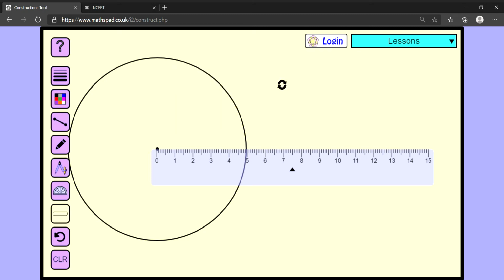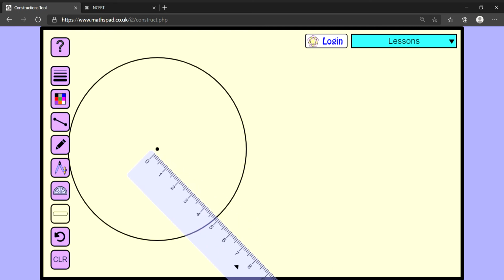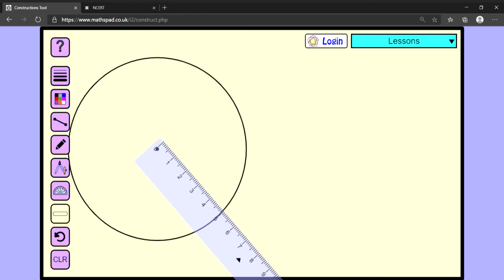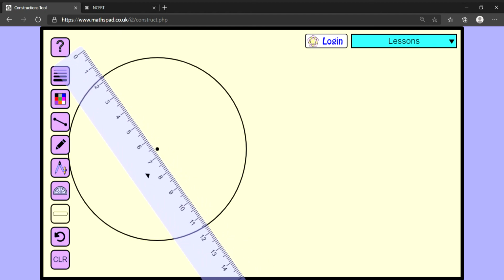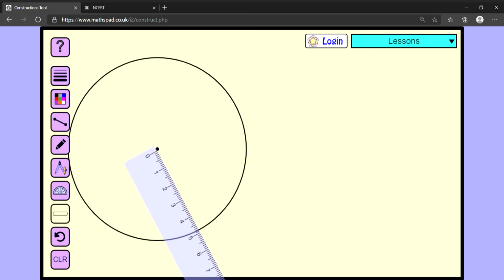And then I want to draw one radius as such. Let's change the angle a bit. Let's name the center as O, this radius be OR, and now I want to draw another radius which will make an angle of 120 degrees with OR.